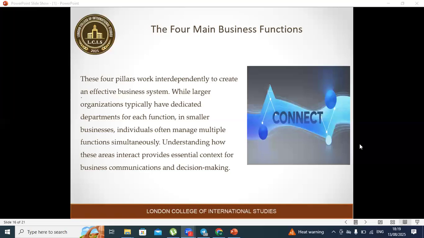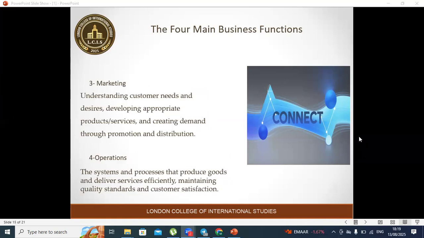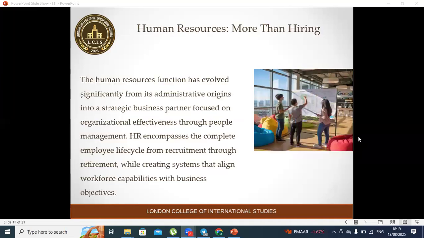Understanding how these areas interact provides essential context for business communications and decision making. So, in our business, we have to include the four of them: HR, finance and accounts, marketing, and of course, operations. And let's discuss all of them individually.